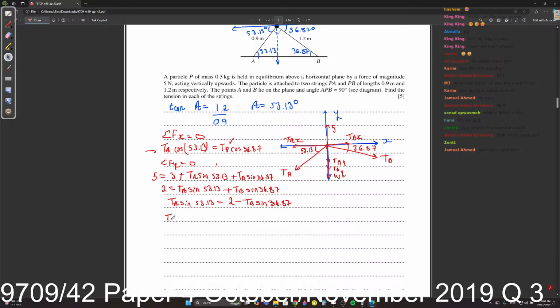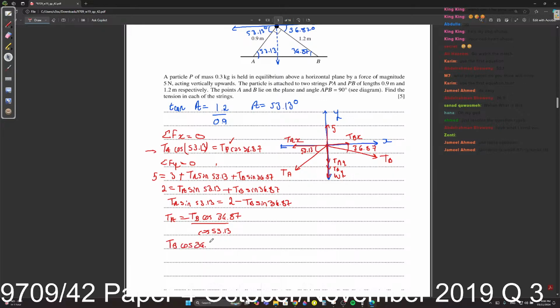So TA is going to be TB cosine 36.87 over cosine 53.13. Okay, TA over here, I'll substitute it now. TB cosine 36.87 over cosine 53.13 times sine 53.13 plus TB sine 36.87 is equal to 2.